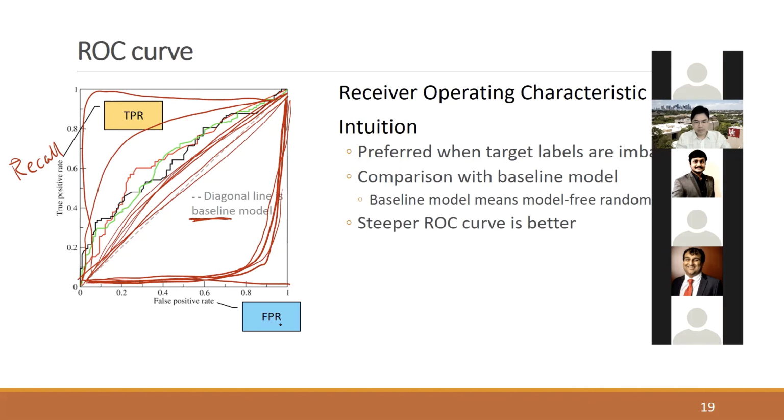False positive rate is talking about negative cases. It's about those mistakes that are made on the negative cases, right? And a lot of times you will see it's 1 minus specificity. We'll talk about specificity shortly.